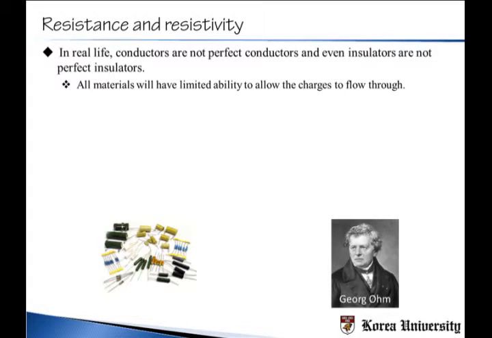And then in real life, we have to realize that conductors are actually not perfect conductors, and even insulators may not be perfect insulators. So we can say all materials and all objects have limited ability to allow charges to flow through. Therefore, we need a method to describe how good or how bad an object is in terms of allowing charges to flow.